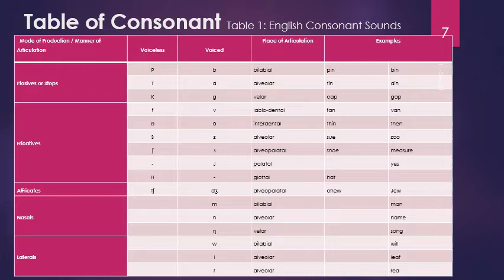These are sh and zh. Example, shoe and measure. We have the palatal fricative. The palatal fricative we have is y, as in yes. And finally, we have the glottal fricative sound, where we have a word like hat.